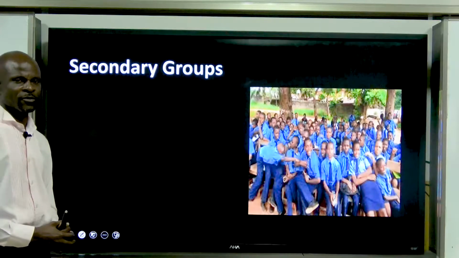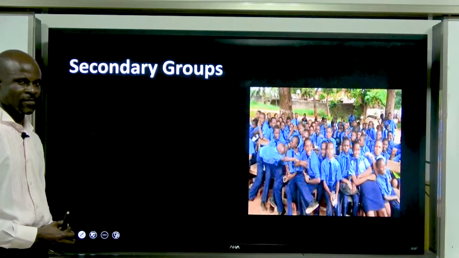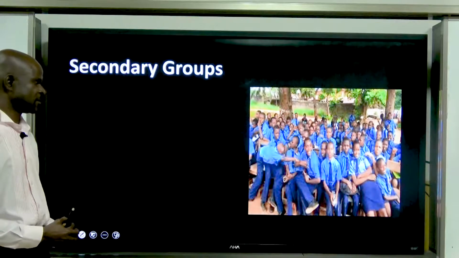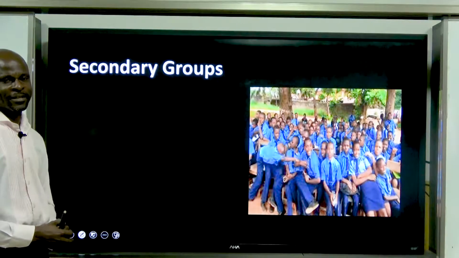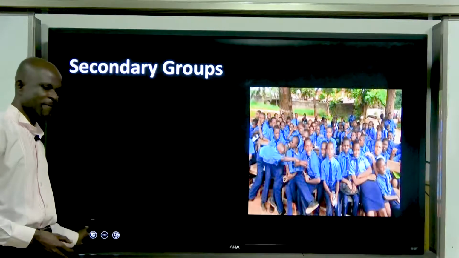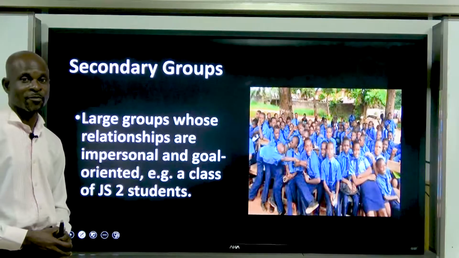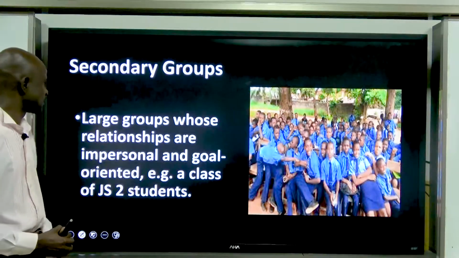The second one we'll discuss is the secondary group. Now, secondary is the opposite of primary. We say primary group is small, but a secondary group will be larger than a primary group.